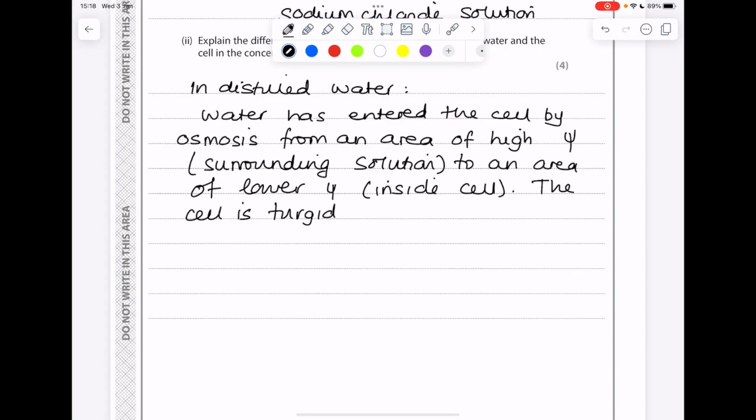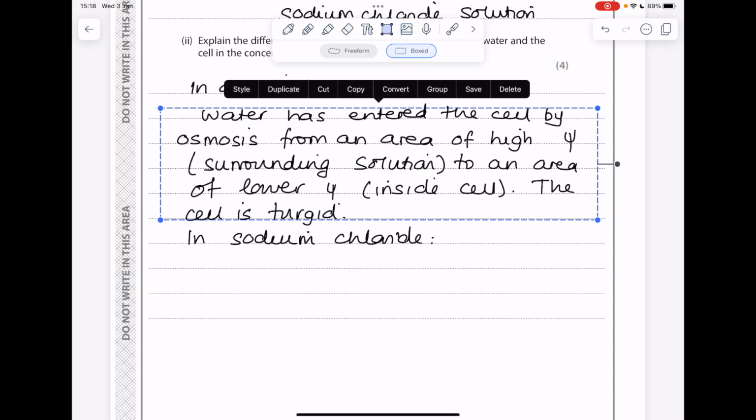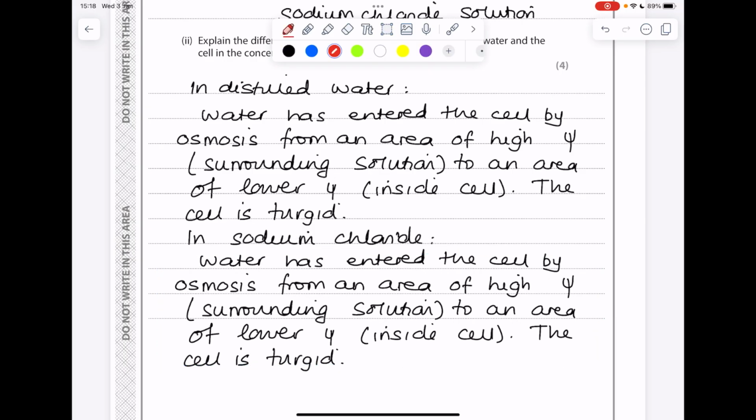Now the opposite has occurred in the sodium chloride solution. So I'm going to steal that wording from higher up, and I'll change colour and just show how you can change the wording.